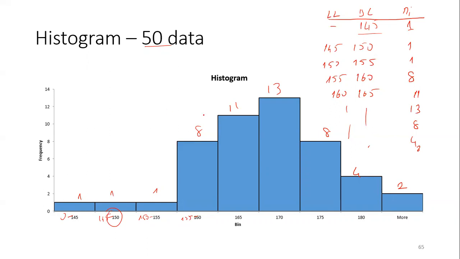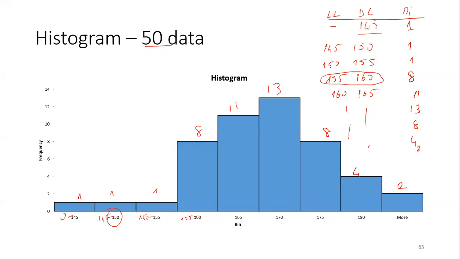For example, what if I ask you, this is all the data that I have about the university. If somebody just comes into the class, what is the probability that his or her height is between, for example, 155 and 160 centimeters? What is that probability?